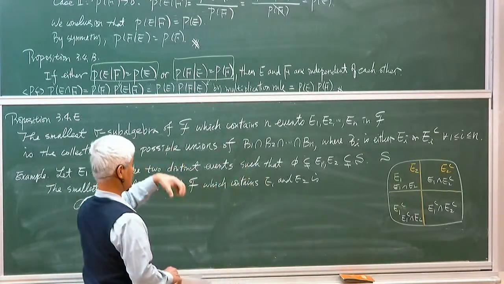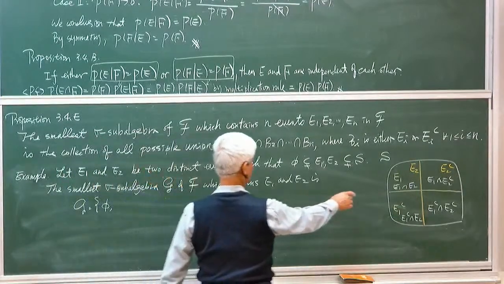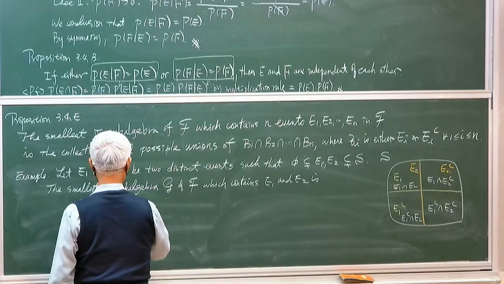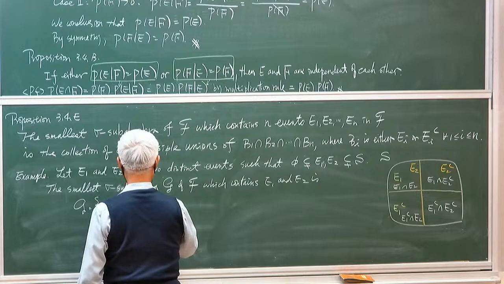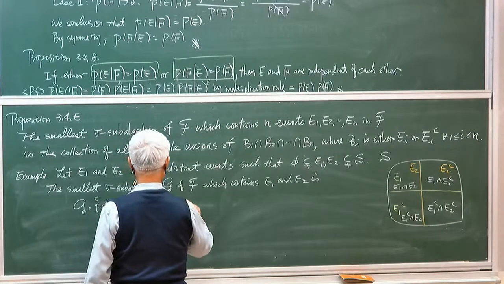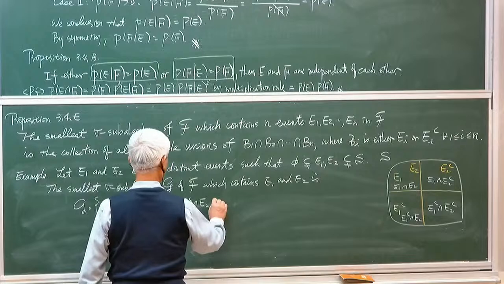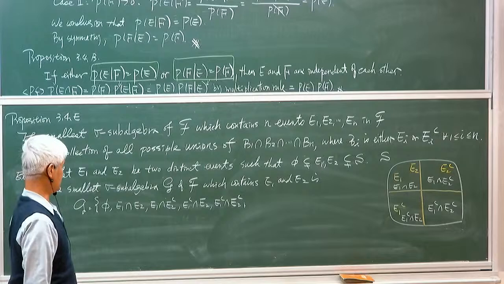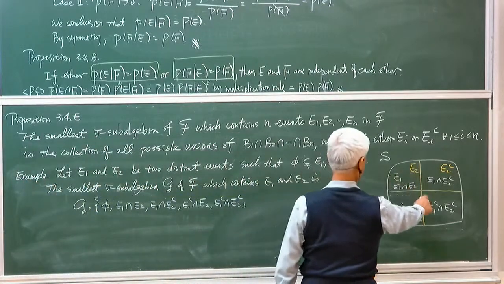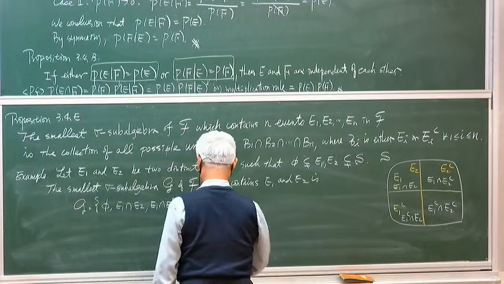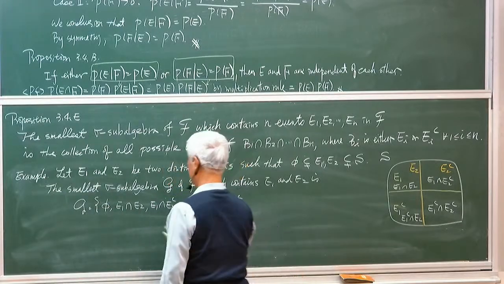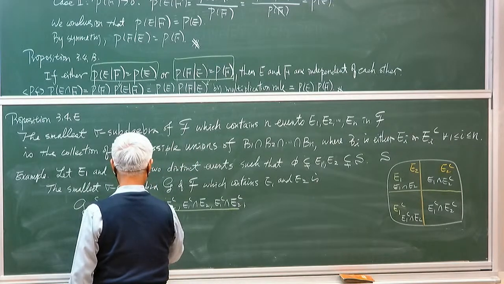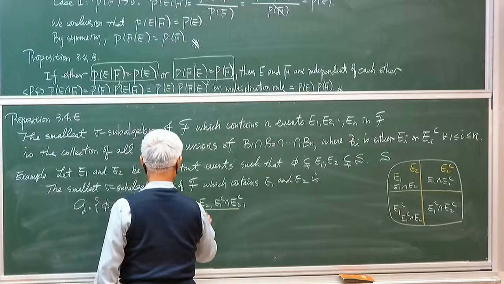But to find the smallest event, the smallest possible events would be these 4: E1 intersect E2, E1 intersect E2 complement, E1 complement intersect E2, E1 complement intersect E2 complement. So these 4 will be atomic events in G.